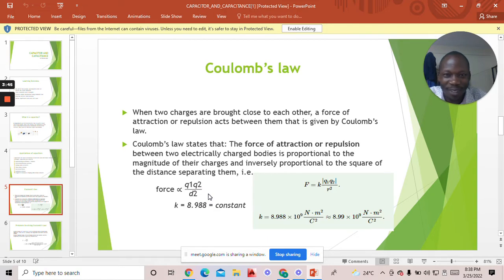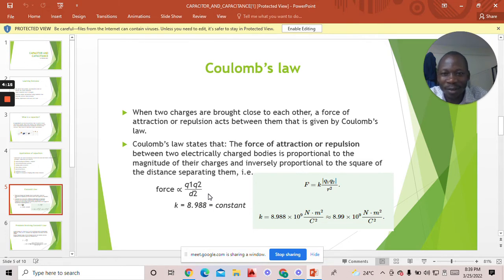So now, let's state Coulomb's law. We already know that if we have two charges, the law of charges states that like charges repel while unlike charges attract. So when two charges are brought close together, a force of attraction or repulsion acts between them.